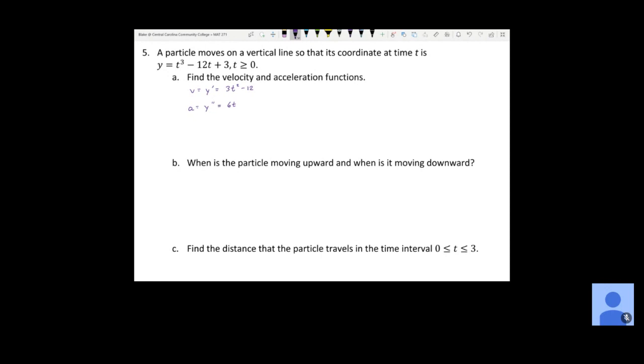Good. The first derivative, which represents velocity, because if the velocity is positive, it would be moving which direction? Up. And then when the velocity is negative, then it would be moving down. So if we can figure out where it's equal to 0, that's where it's going to switch direction, and then we can figure out which side is up and which side is down.